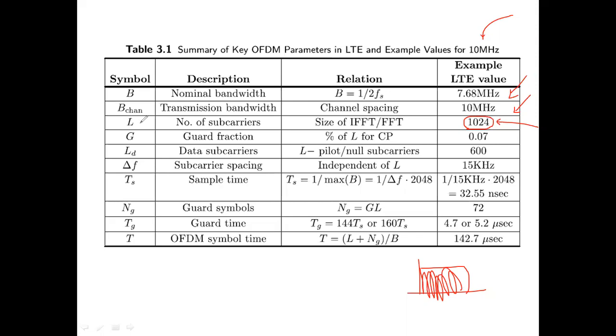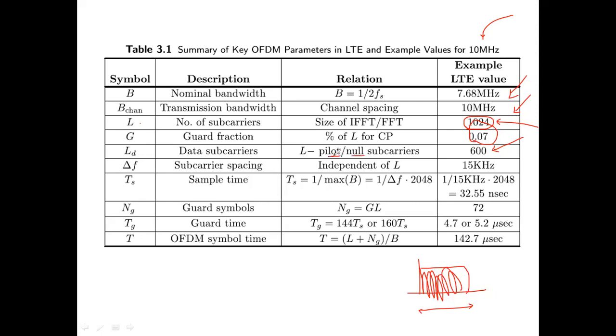Out of this total L, around 7% will go for the cyclic prefix. And how many carry the actual data? Out of all these subcarriers, only 600 of them carry the actual data. The remaining will carry either null subcarriers or pilots.